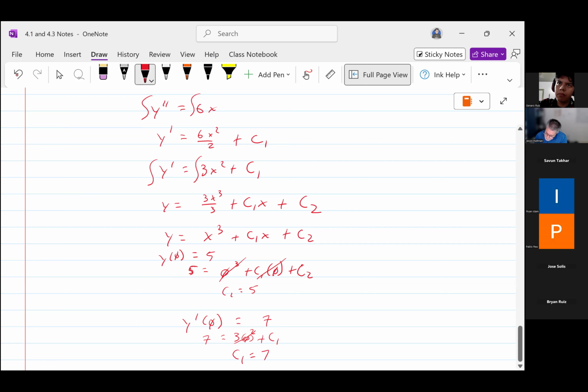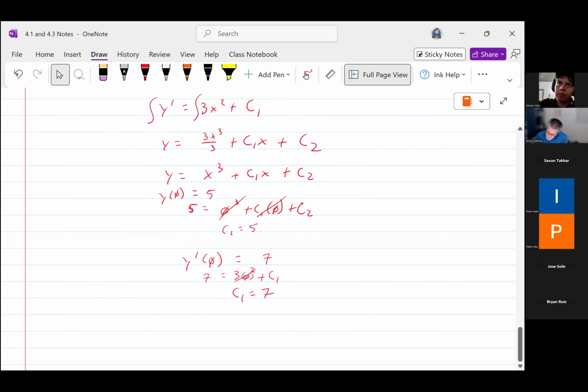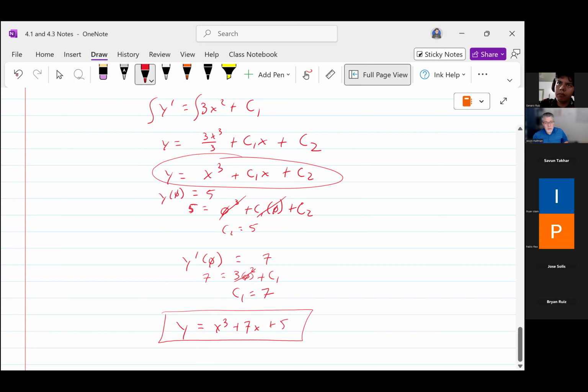So C1 has to be 7. So the particular solution to my initial value problem is going to be x cubed plus C1, which is 7x, plus 5. And that's the particular solution to my differential equation, given my 2 initial conditions. Okay. And that is section 4.1.